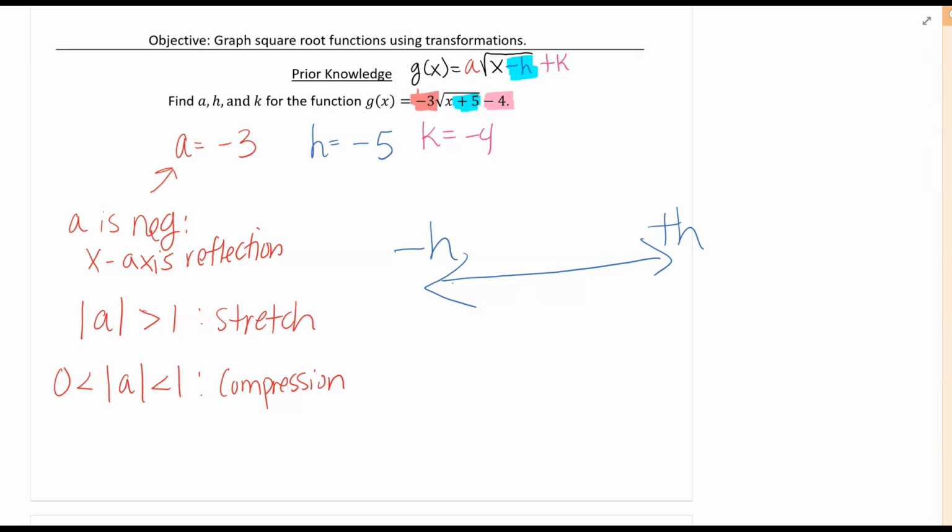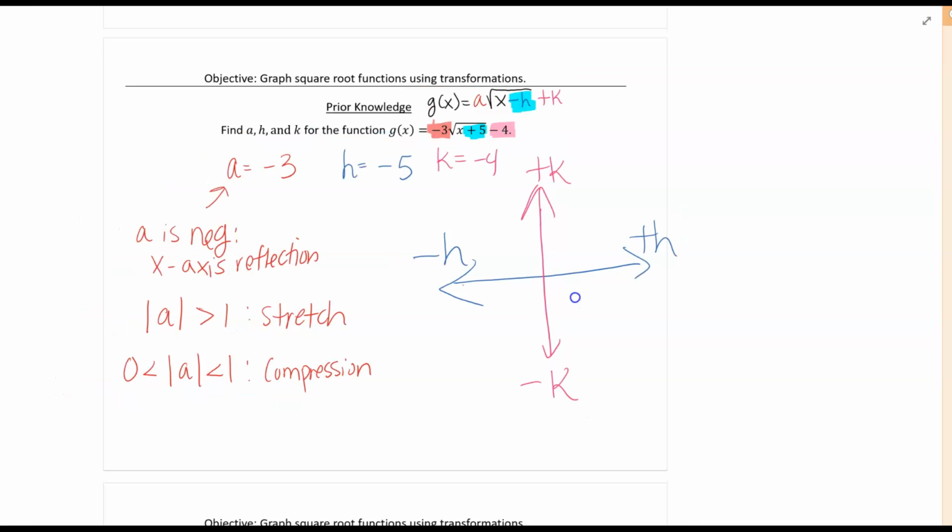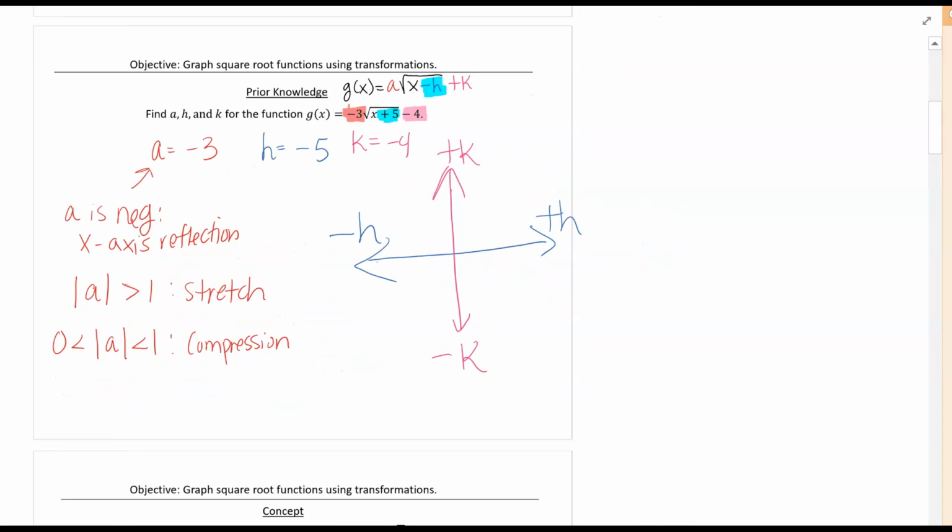And then our k value then is the up and down. So if k is positive, we go up. If k is negative, we go down. Okay, so in this case, we would say then, is this a vertical stretch or a compression?